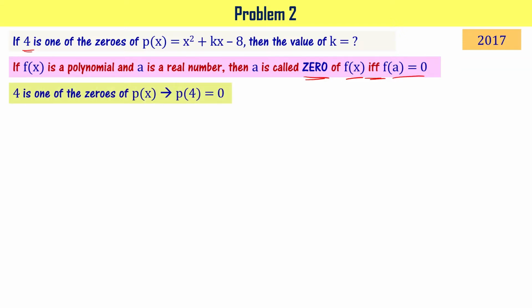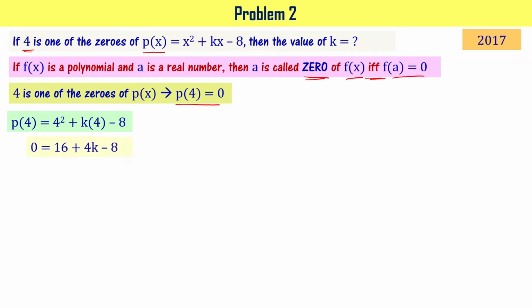Since 4 is one of the zeros of p of x, I can write p of 4 equal to 0. Let's substitute 4 in the place of x for p of x and equate it to 0 so that you can obtain the value of k, right? Let's do that now. P of 4 equal to 4 square plus k times 4 minus 8, that is equal to 0.